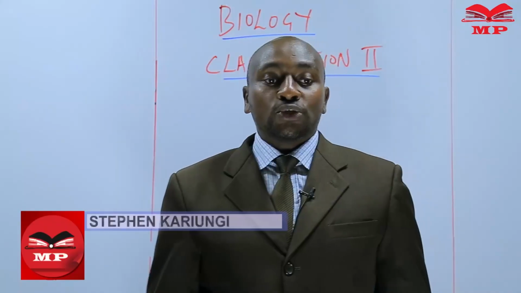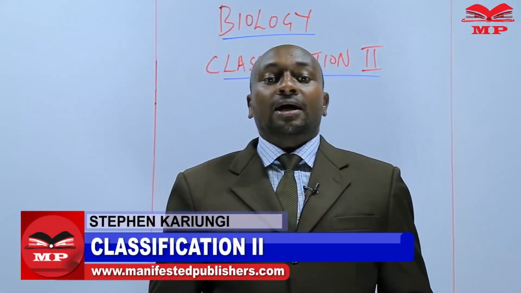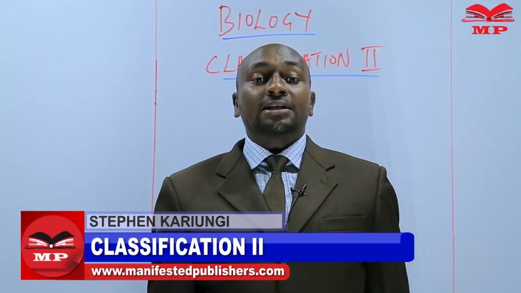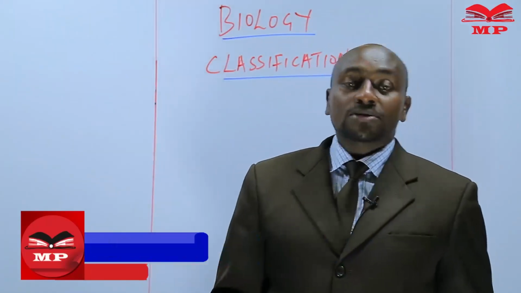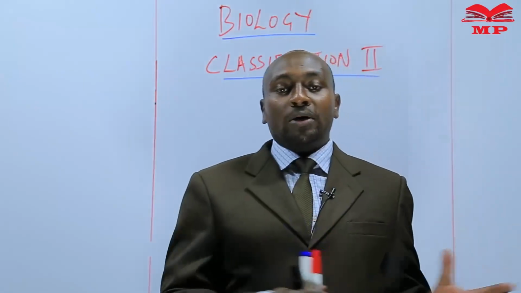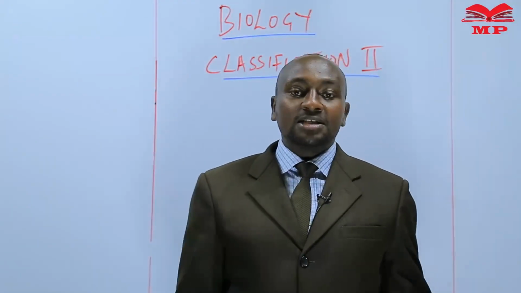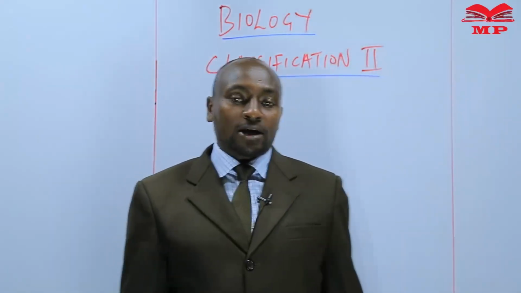We are going to continue with what we are learning about kingdom fungi. Last lesson, we learned about the examples of kingdom fungi. We saw examples such as rhizopus mold, mushrooms, yeast. All those are examples of fungi.